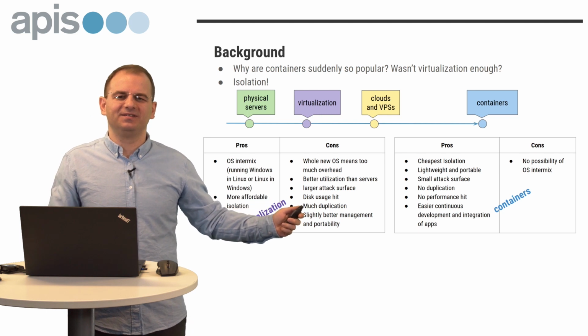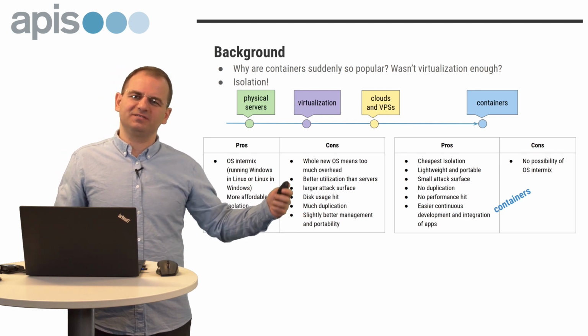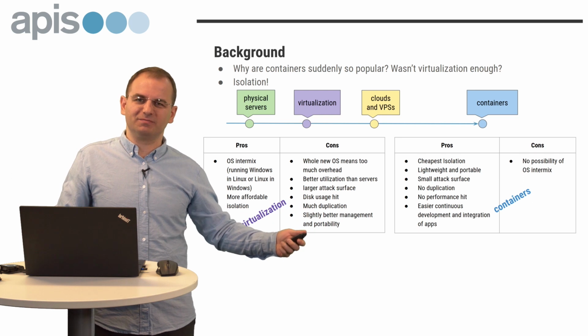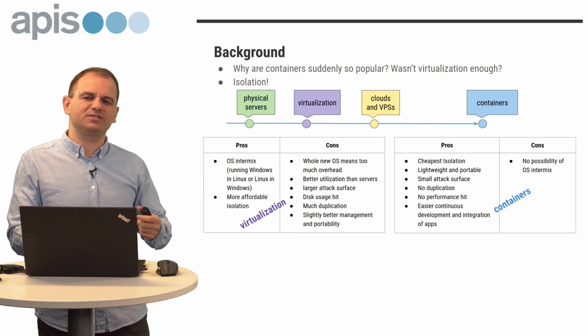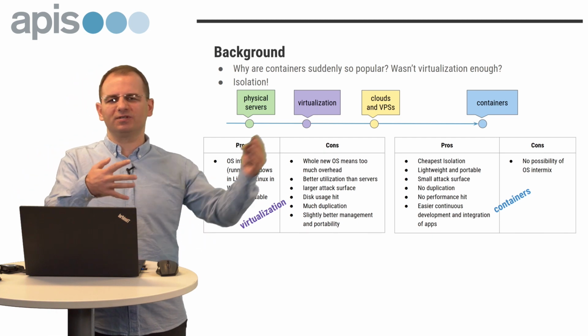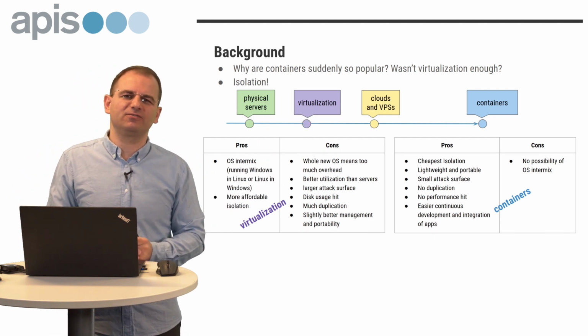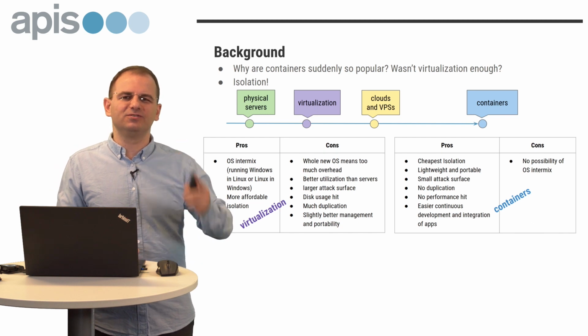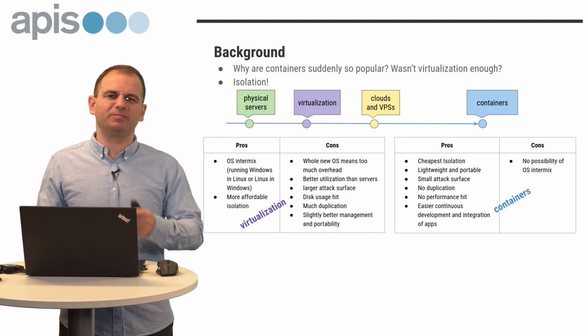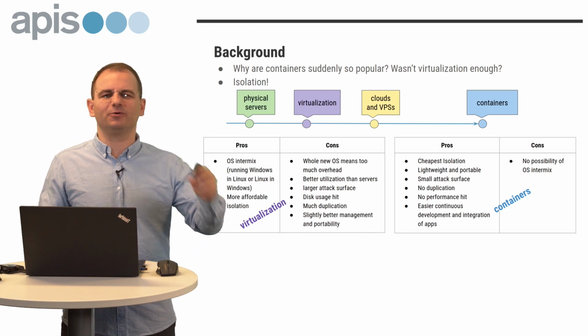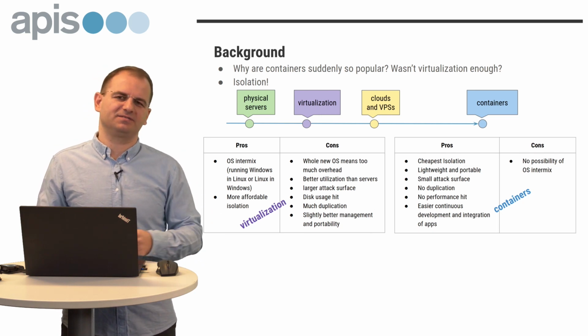And when this technology matured a bit, people said, okay, now it's even easier to do what the cloud providers did for virtual machines, and that's continuous integration, continuous deployment. So you could build your application and deploy it and run it in seconds.